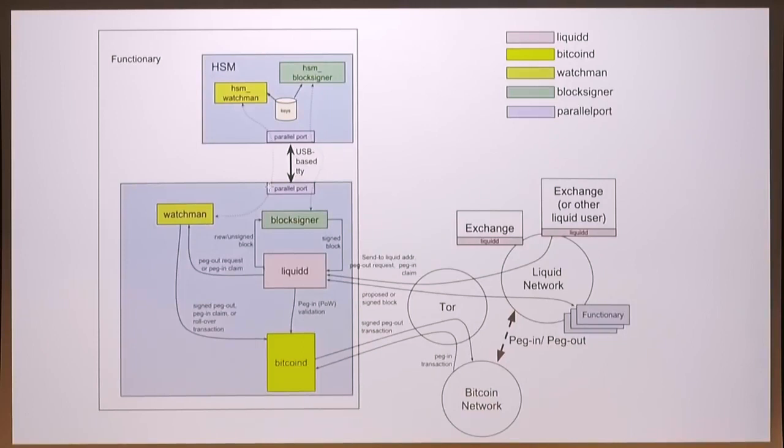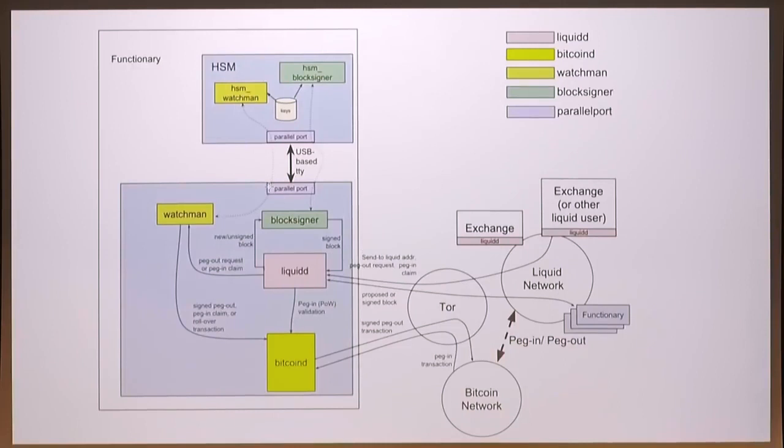The block signer is for signing blocks. You coordinate with the other functionaries, and by turns, each block is supposed to be created by one functionary, but sometimes that will fail, and you will go to the next one. And that's the process which does it.